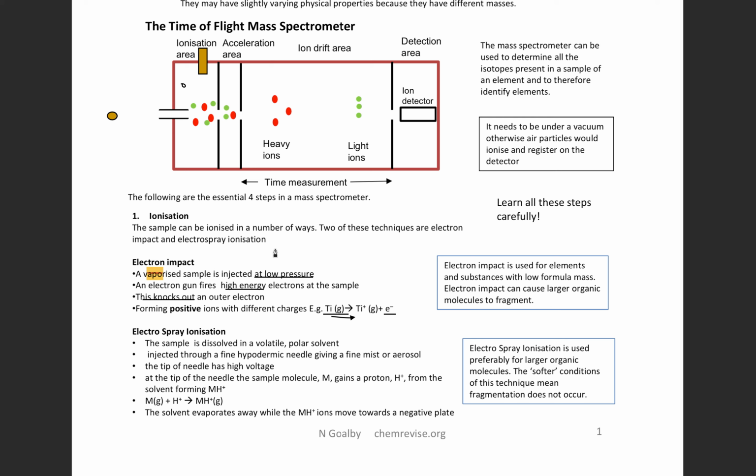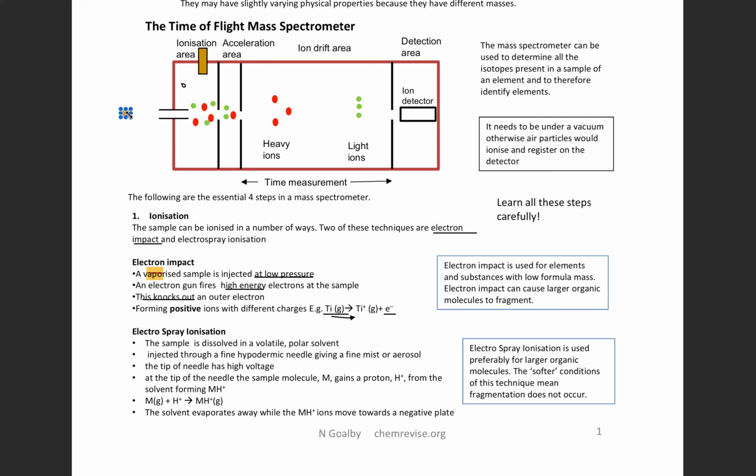During electron impact, your vaporized sample is injected into your ionization area of your time of flight mass spectrometer at low pressures.